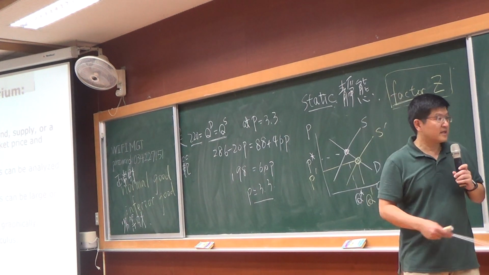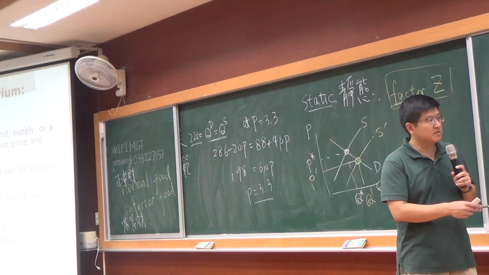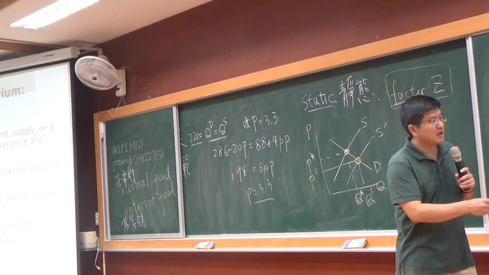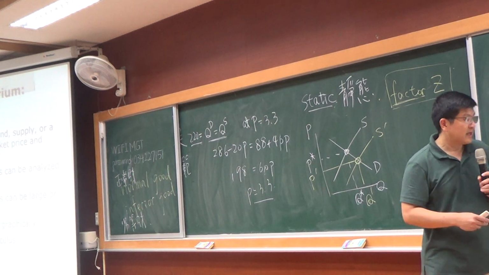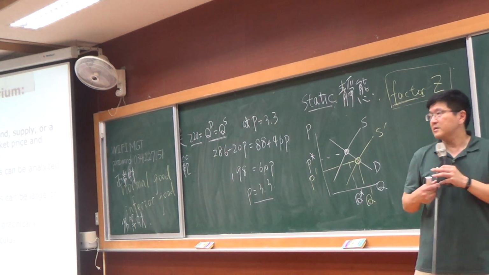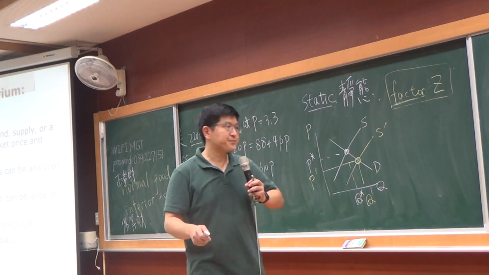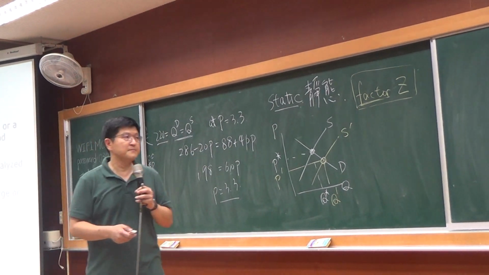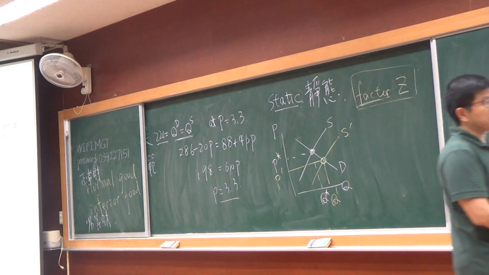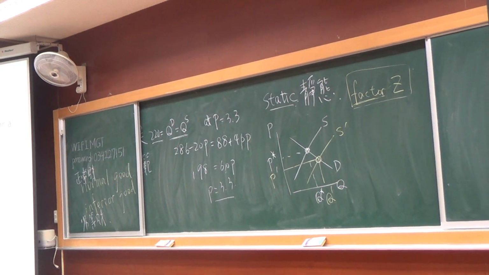And next, we are going to tell you how to discuss a large or discrete change and a small, tiny change with calculus. So in this course we will use calculus, okay?